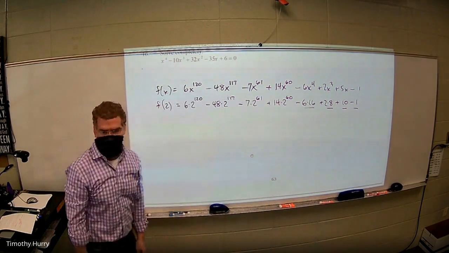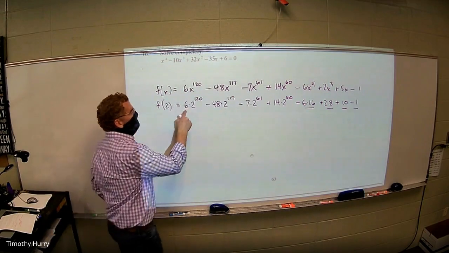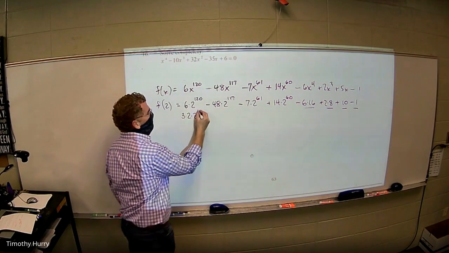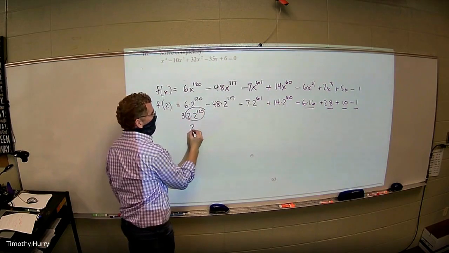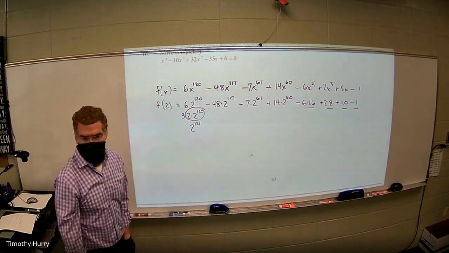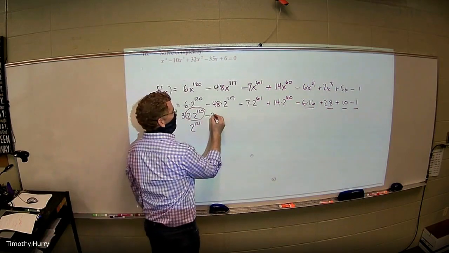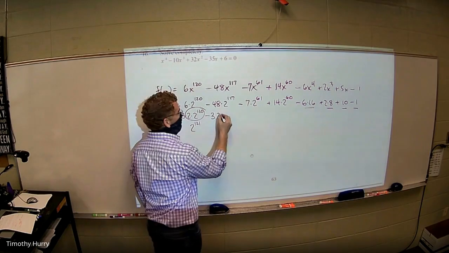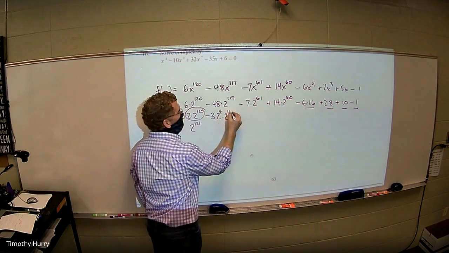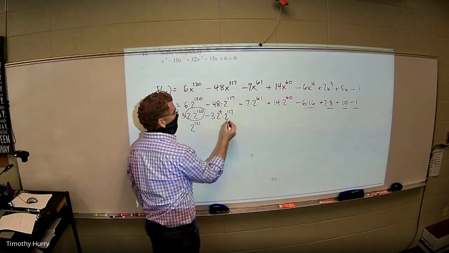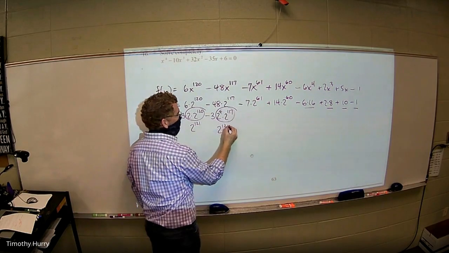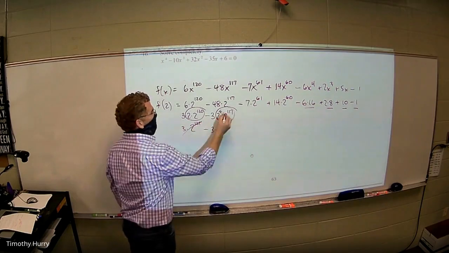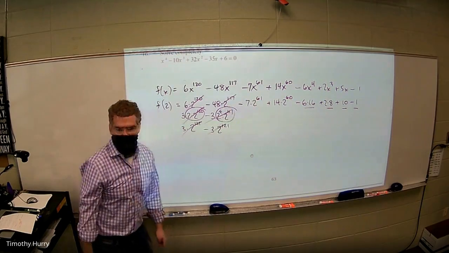This is the troublesome stuff. But wait, isn't 6 3 times 2 times 2 to the 120th, which gives me 2 to the 121? And isn't this 3 times 16, which is 2 to the 4th times 2 to the 117, which is another 2 to the 121? And if I have 3 2 to the 121 subtracted from each other, wouldn't all that go away?